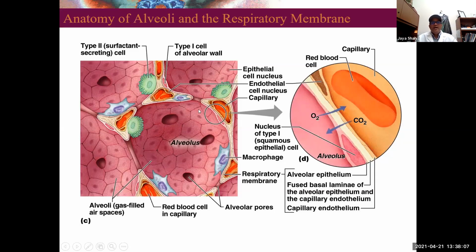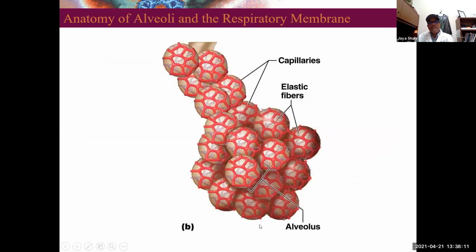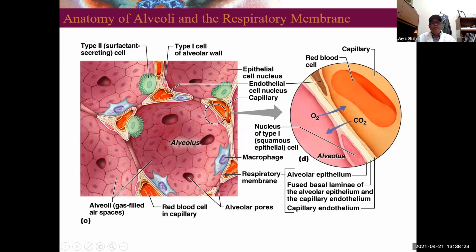So let's see type 1 cell and the capillaries. Between type 1 cells in this alveoli and these capillaries, gas exchange takes place. If we give a cut section here, you have a type 1 cell with its nucleus, and then you have blood capillaries around the alveolus.